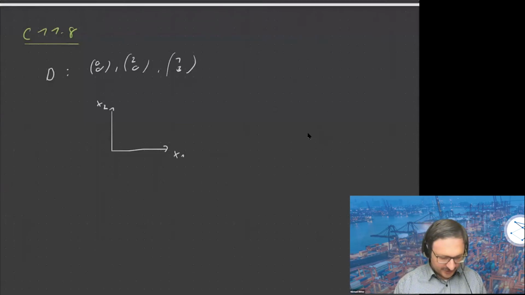So we have the origin, that's 1 point here, (0, 0). We have (2, 0), that is approximately here. And then we have (1, 3): 1, 2, 3. So that is this point here.